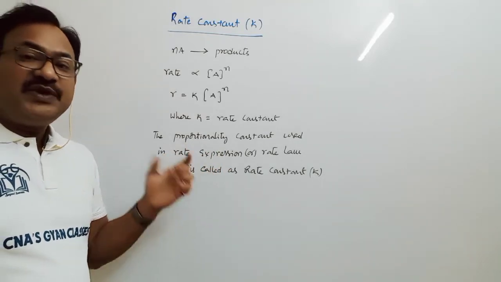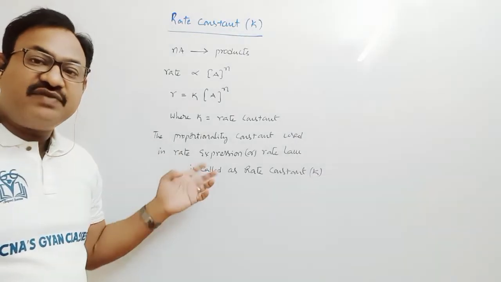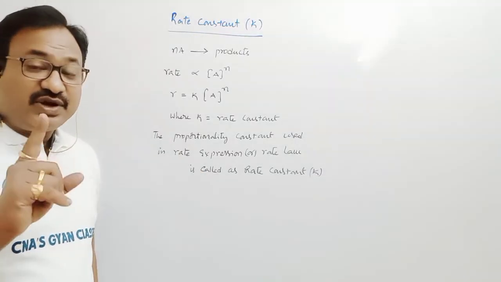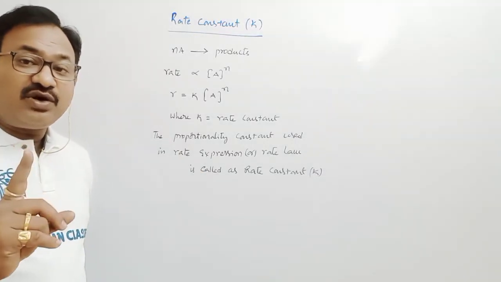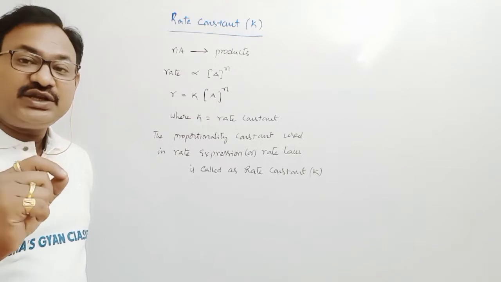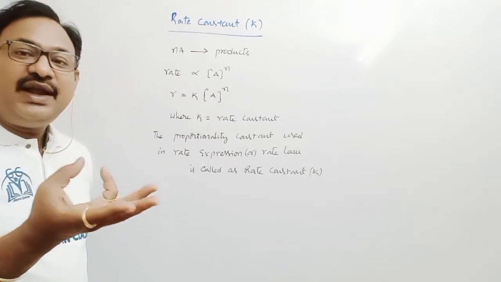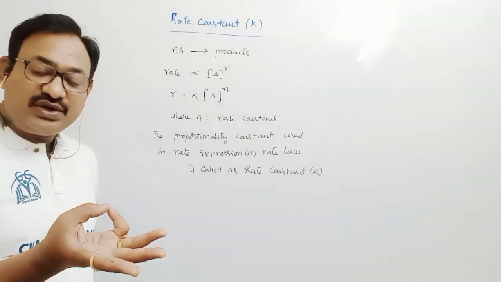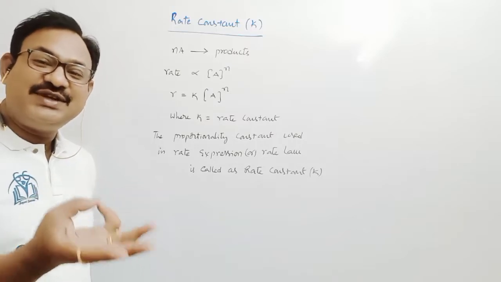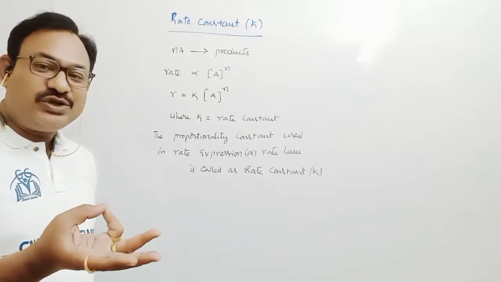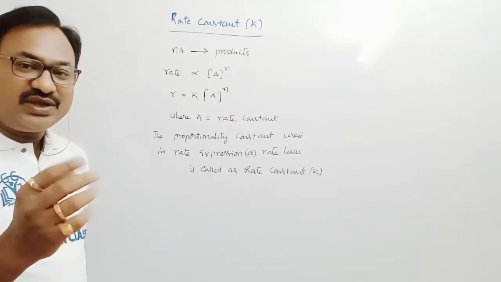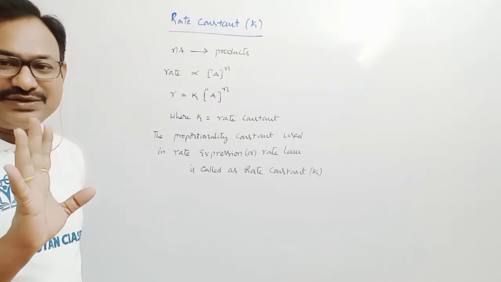Okay, it is a specific constant for a reaction at given temperature. So remember this: it is a specific constant for a reaction at given temperature. It is independent of concentration or partial pressure. It depends only on temperature and sometimes catalyst also.